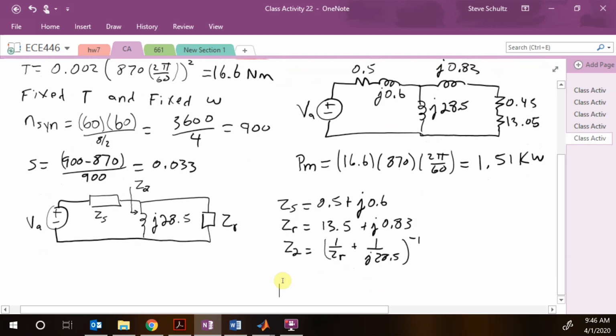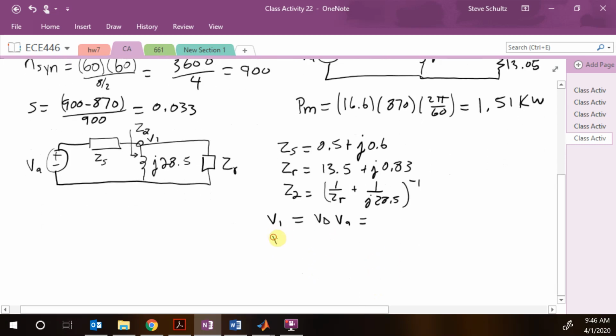And then what we're going to do is say that V1 is equal to a voltage divider times VA. And our voltage divider is going to be equal to Z2 over Z2 plus Z stator.